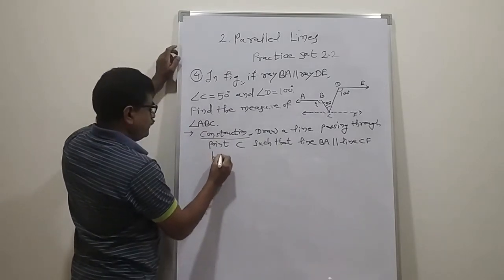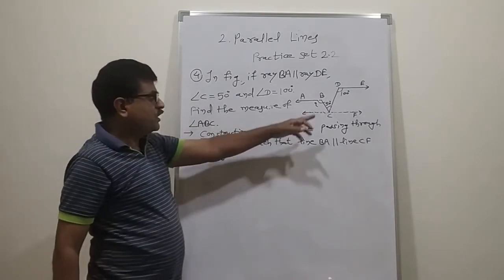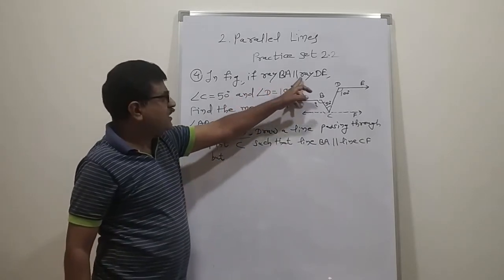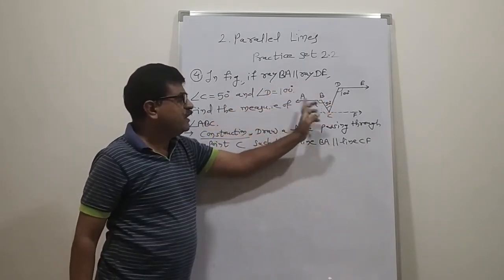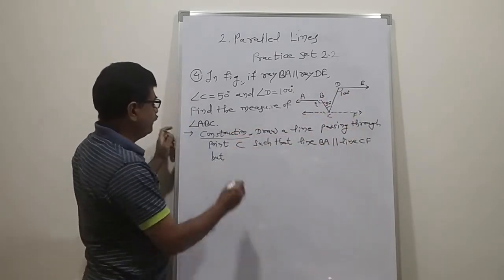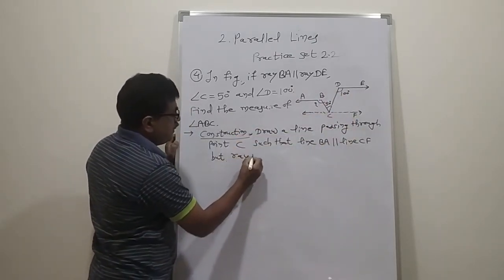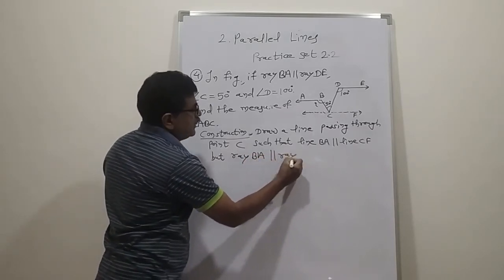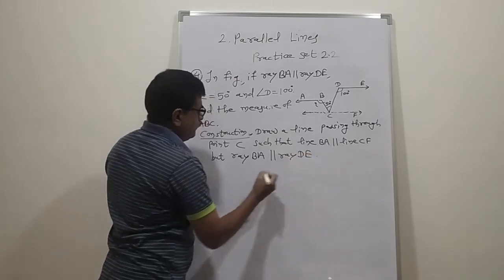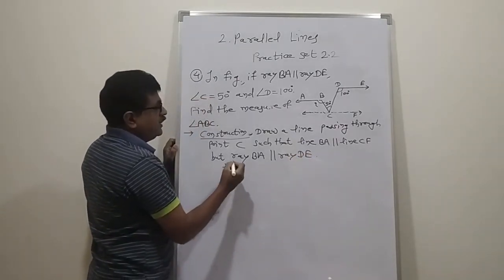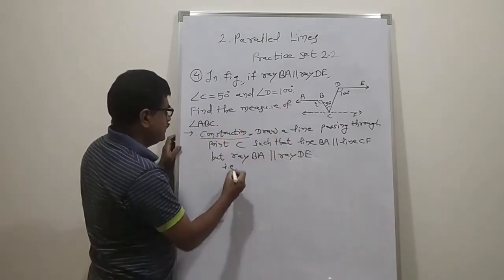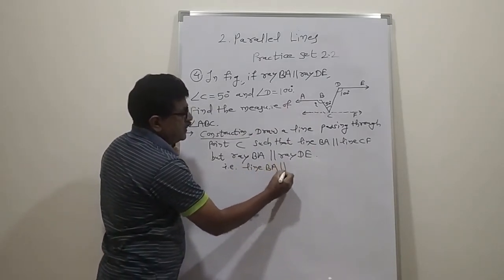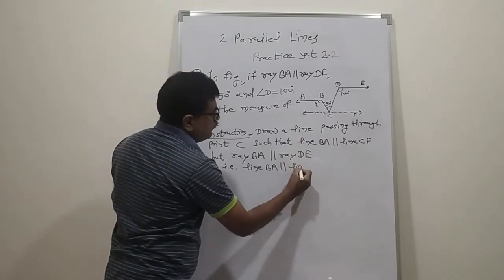But we have given ray BA parallel to ray DE, that is, line BA is parallel to line DE.